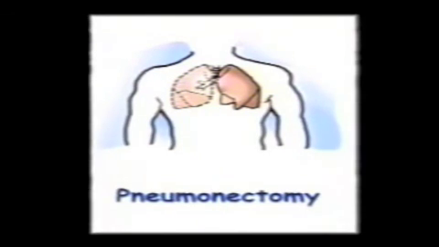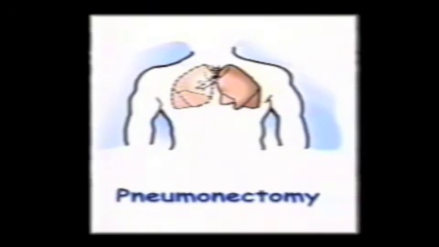Also equally important to remember is that if the client has both lungs involved, the chances are very good they will not have a pneumonectomy, because removing one or a portion of the lung may compromise the other one. However, you may see them taking pieces out if, in fact, the physician thinks that it has been encapsulated.